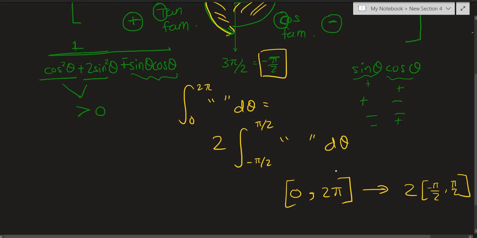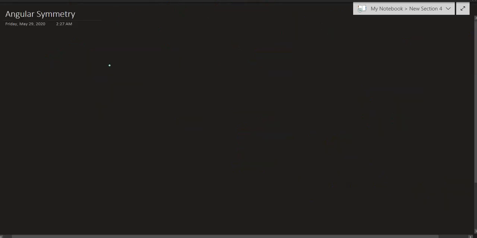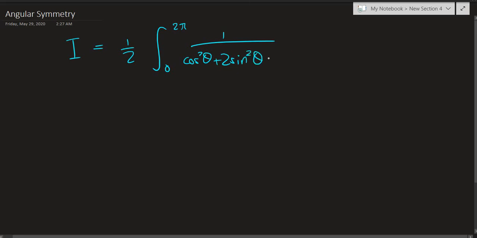Let's go ahead and do that with our integral now. As I said, our I was half of the integral from 0 to 2 pi of 1 over cosine squared theta plus 2 sine squared theta plus sine theta times cosine theta, and the d theta term.